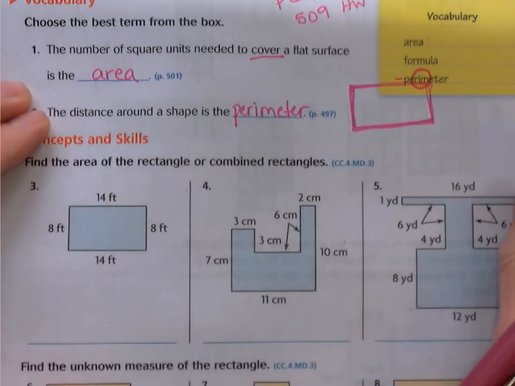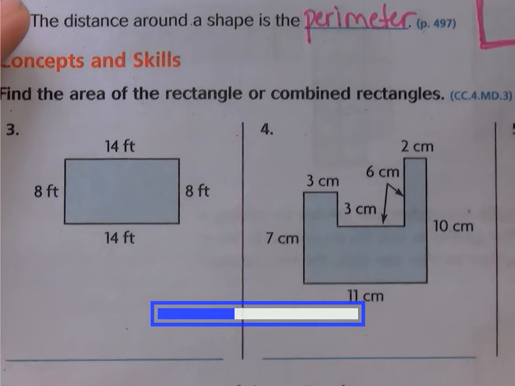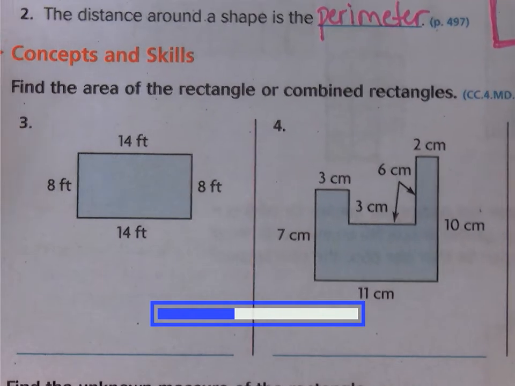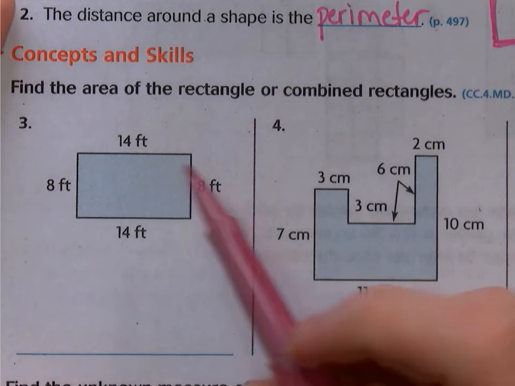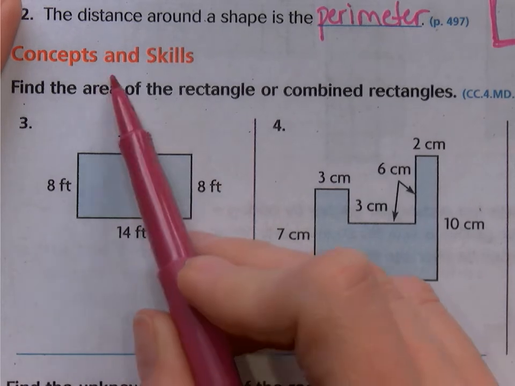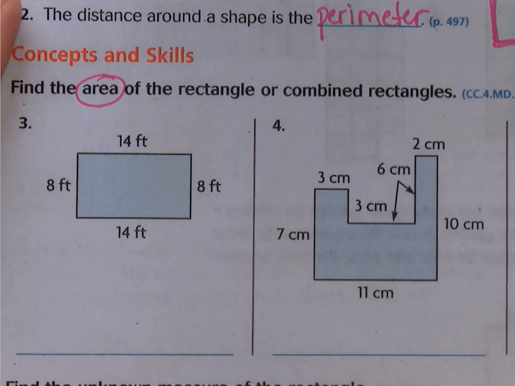Okay, number 3, 4, 5. Ooh, yikes. Number 5 is looking a little tricky. Find the area of the rectangle or combined rectangles. Number 3, I'm sorry. Find the area. Now look, they gave you all 4 measurements, but we're finding the area.